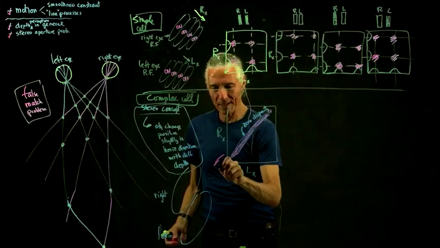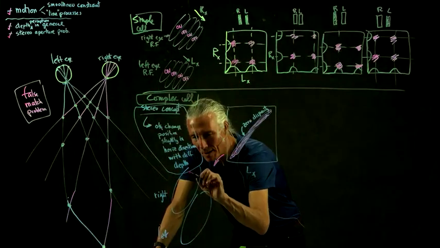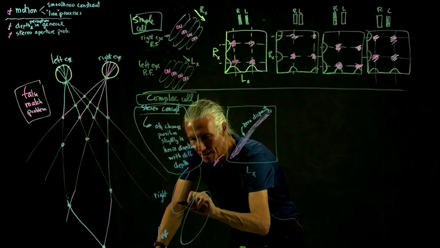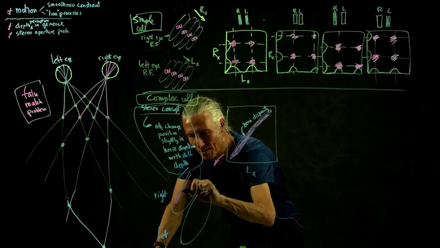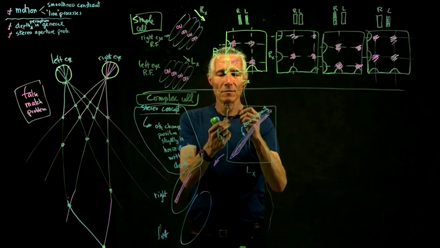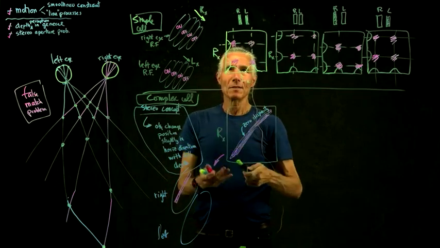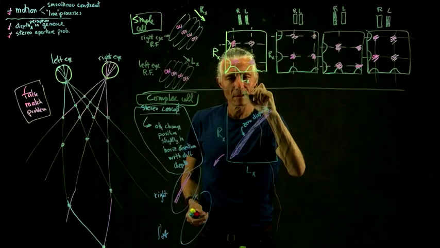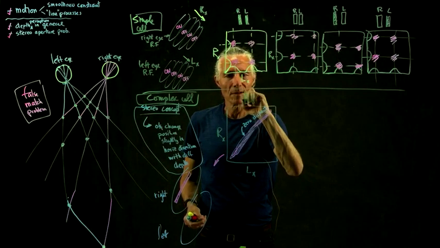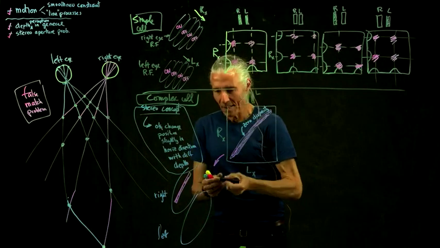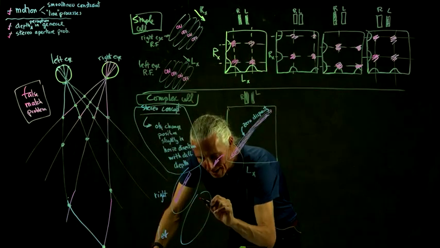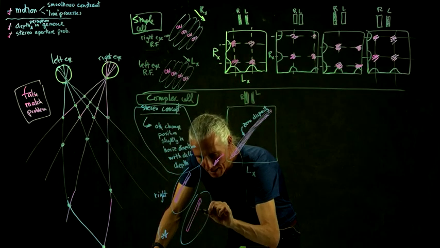What that graph means is, if we put a bar over here in one field, and we're using, for the time being, just two bright bars, here's the right and the left. If we put a bar something like that, we get a good response.